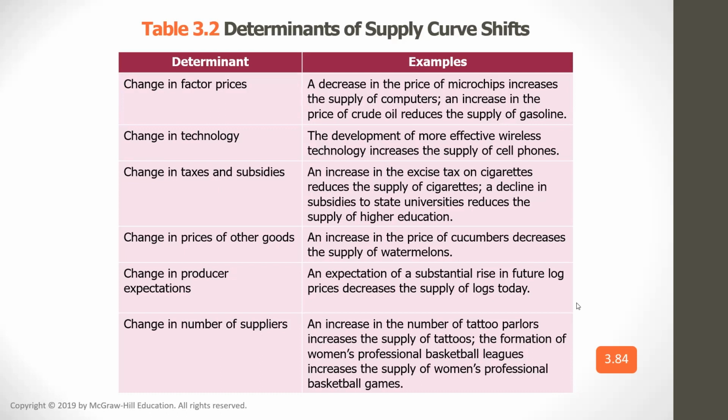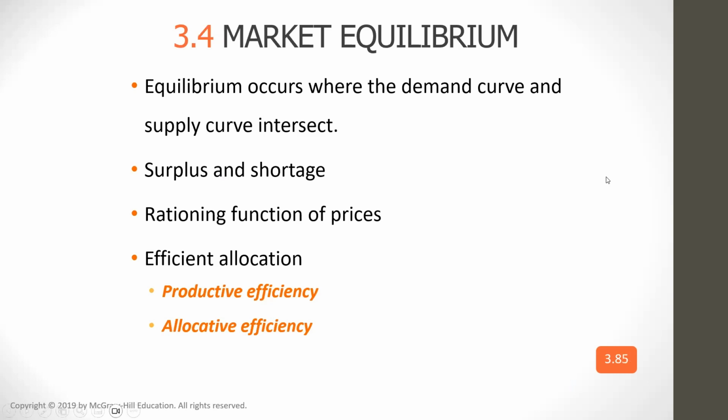Change in prices of other goods: an increase in the price of cucumbers decreases the supply of watermelons. Change in producer expectations: an expectation of a substantial rise in future log prices decreases the supply of logs today. Change in the number of suppliers: an increase in the number of tattoo parlors increases the supply of tattoos; formation of women's professional basketball leagues increases the supply of women's professional basketball games. So these are determinants of supply.